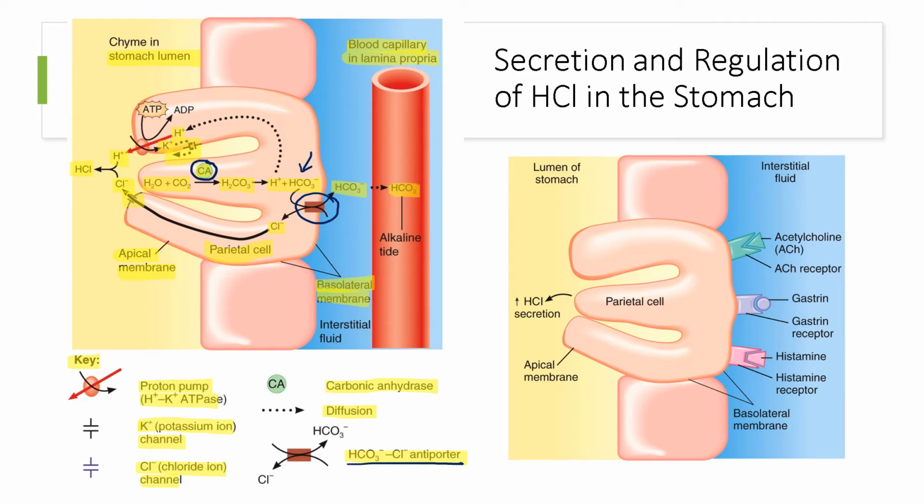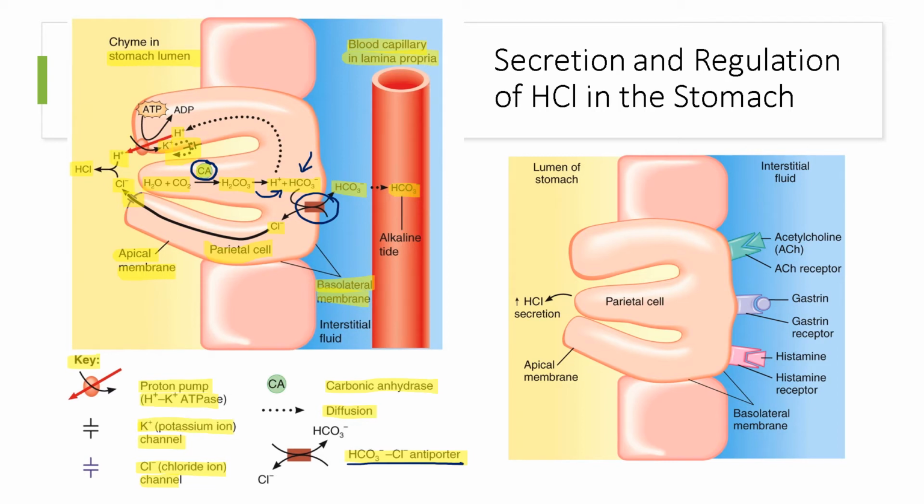Carbonic acid very quickly dissociates into hydrogen and bicarbonate, and it provides this ready source of hydrogen for the proton pumps. But it also generates bicarbonate ions that can exit the cell in exchange for chloride.